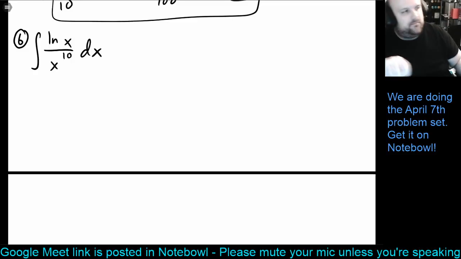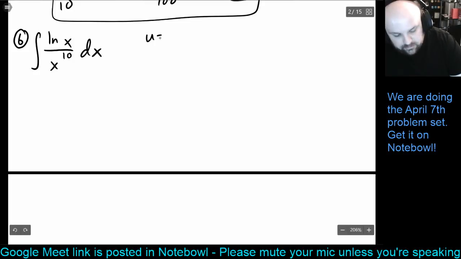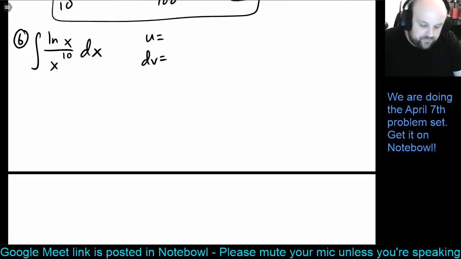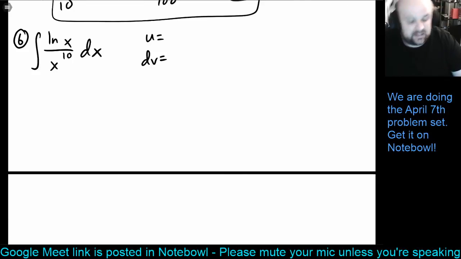All right. So let's look at what we have in this part right here. Again, we need a u and a dv. This function here, you can think of it as 1 over x to the 10 times ln x.